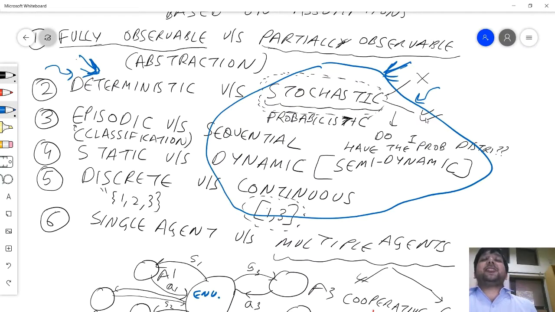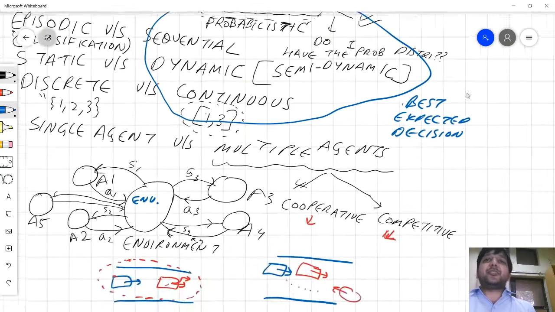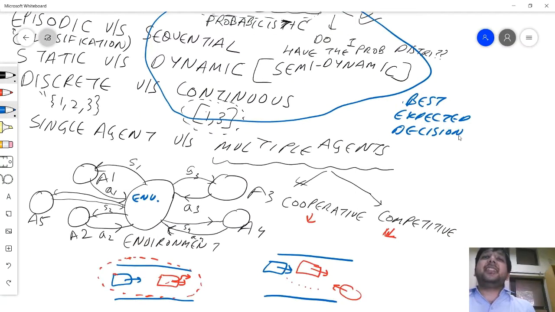Remember, when I say computational rationality, it is not only making the best expected decision, but it is making the best expected decisions, which we already studied, with additional constraints, and the additional constraints can of course be your limited knowledge.